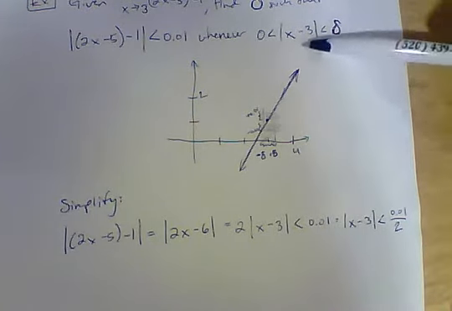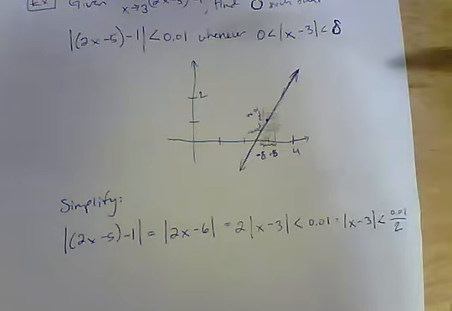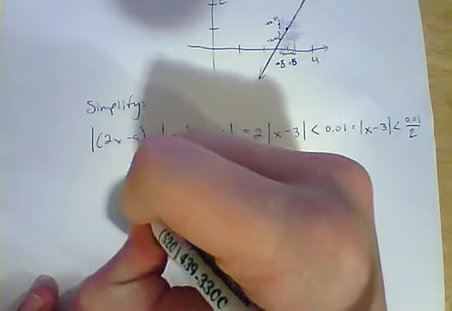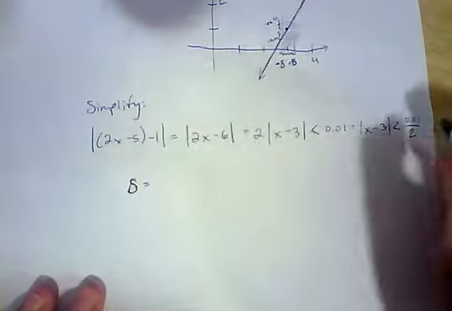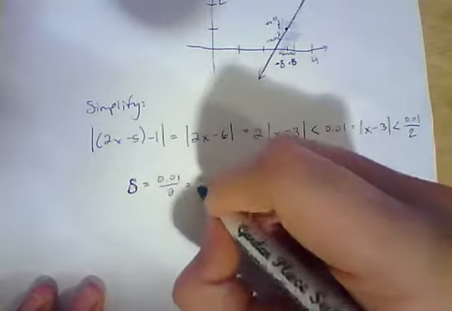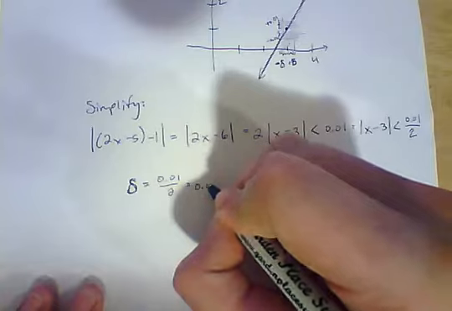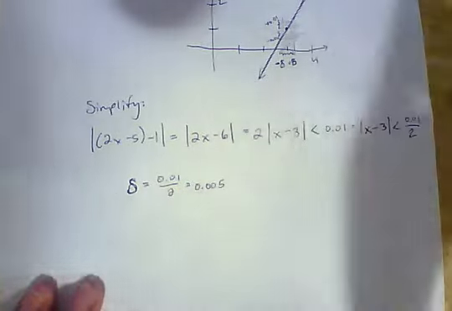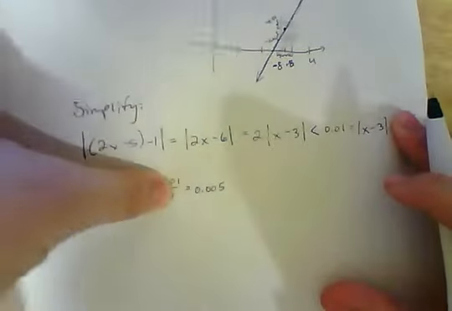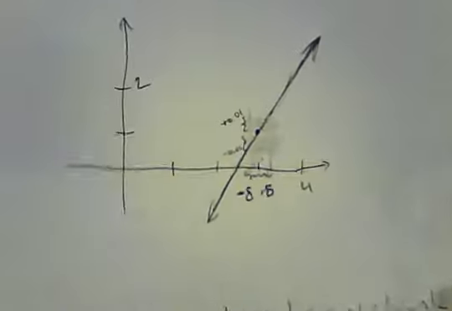We just found that absolute value of x minus 3 is less than 0.01 over 2. So, by substitution, we have just found that delta is equal to 0.01 over 2, or 0.005.